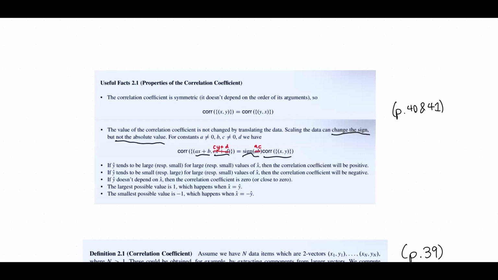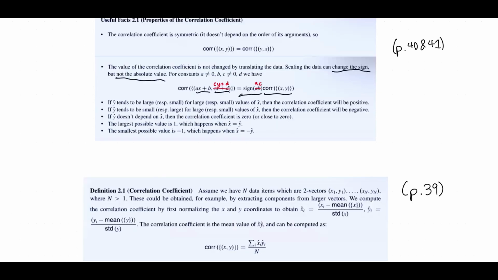And we can go about proving that below. And then our final thing we're going to check out is our largest possible value is going to be 1 for our correlation coefficient, and the smallest is going to be -1. And when exactly those two cases happen. So let's go about proving some of these.